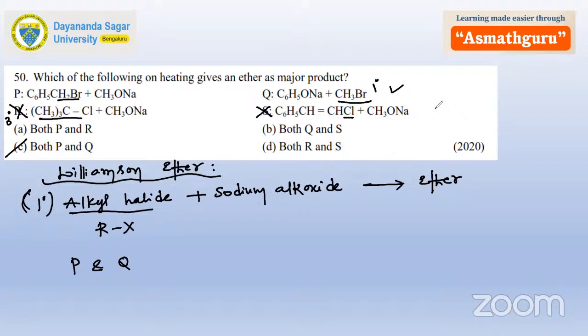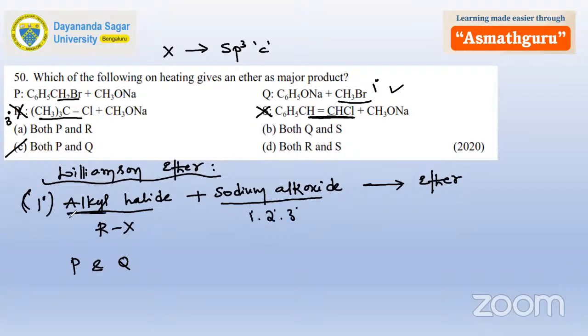Sir, how is C6H5CH2Br primary? That's called a benzylic halide. I already told you, the halogen attached to an sp3 carbon atom is easily replaceable, whereas in S it is attached to an sp2 carbon atom, which is not possible. Sir, shouldn't it be alkoxide? Alkoxide can be anything: primary, secondary, or tertiary.